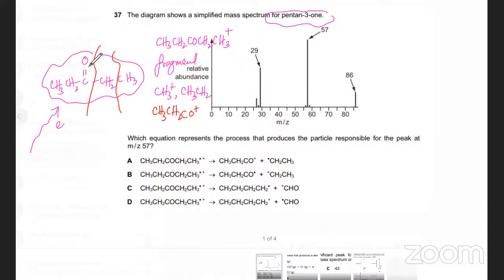Is that clear? You'll have a big molecule, that's your molecular ion, and then lots and lots of fragments.